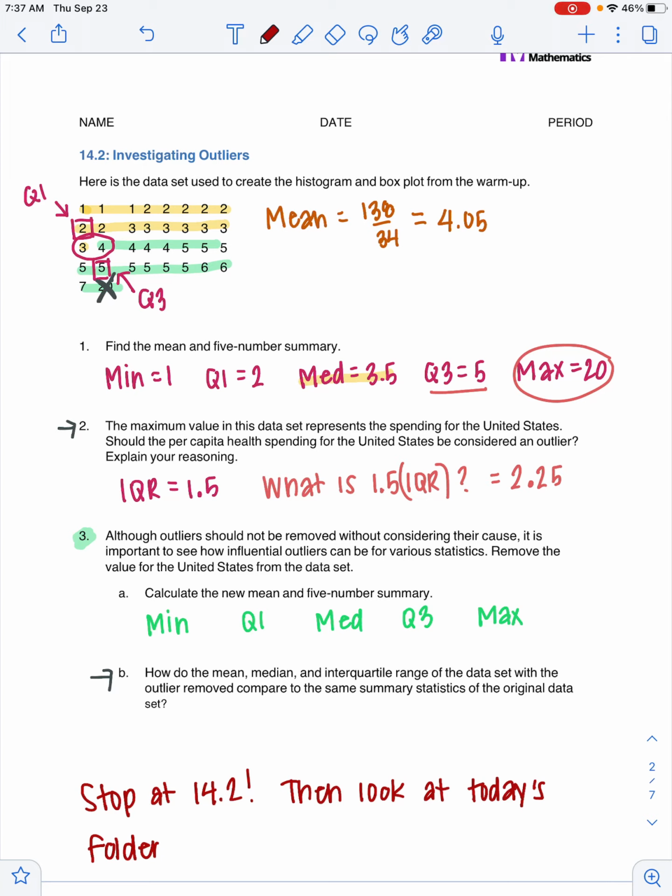So again, I want you to look at today's folder. There is a link called Graded Work, and I want you to get caught up on any graded assignments that you have not done. If you have questions about any of this, today's lesson, or the old graded assignments, please send me an email and we can always set up a time to meet over Zoom.